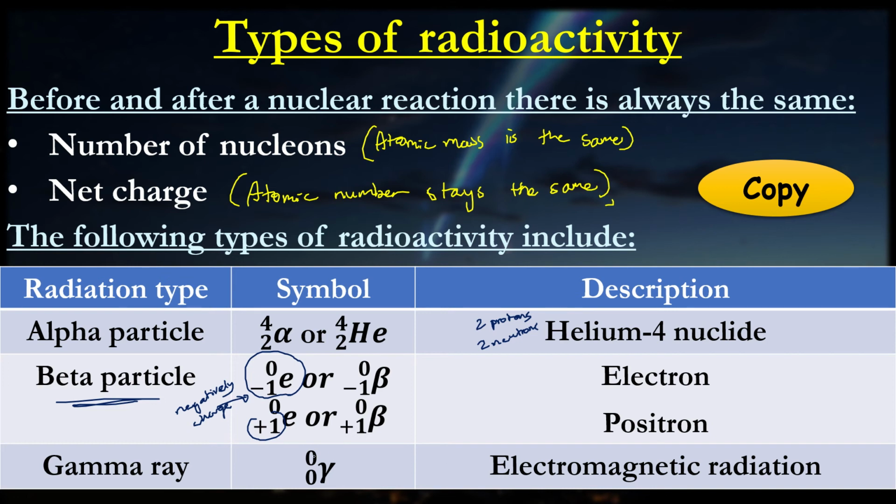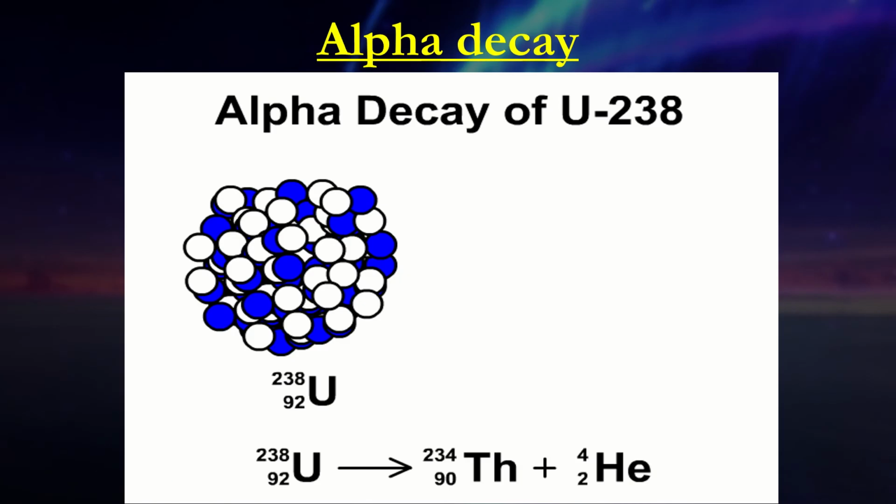And then we have gamma. As you can see, there's no charge and there is no mass. So what that would tell you from that symbol is gamma rays are called electromagnetic radiation, hence also why alpha and beta are called particles, but gamma is called a ray. So keep that in mind.